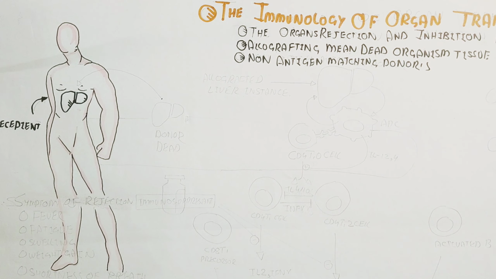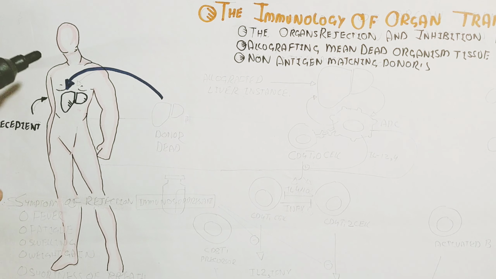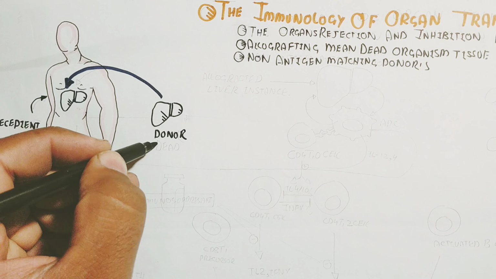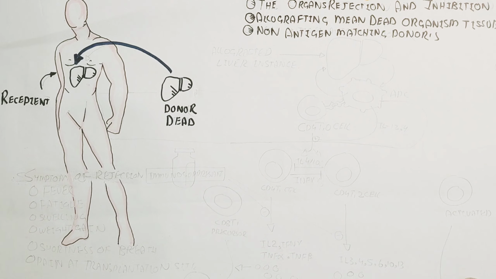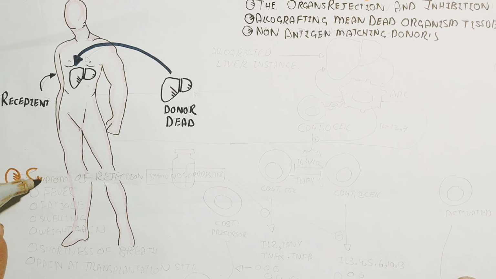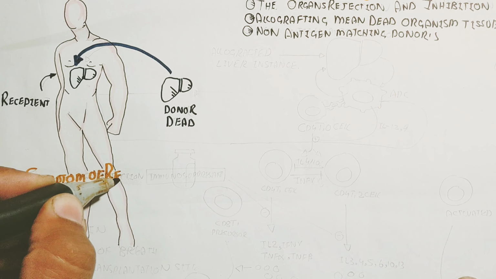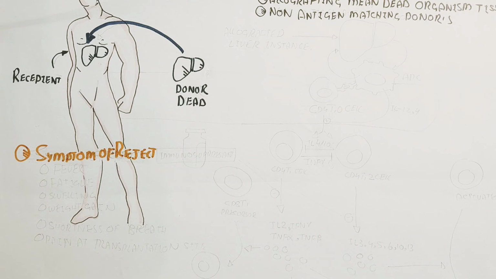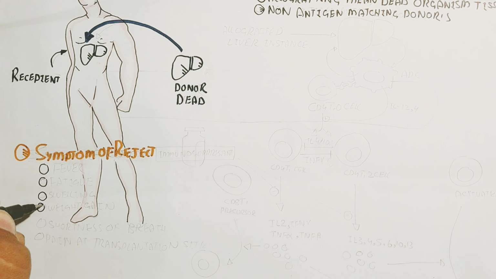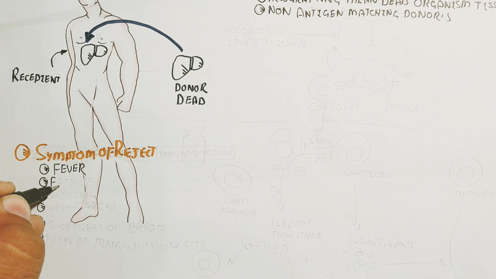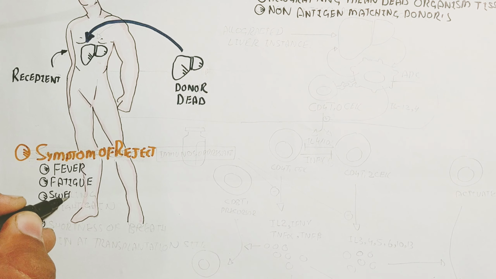So this is the recipient and the donor's dead tissue, like the liver. We are taking the example of the liver. The liver transplant goes into a person who has an unhealthy, non-functional liver, so we remove it and add a healthy liver from the dead donor.